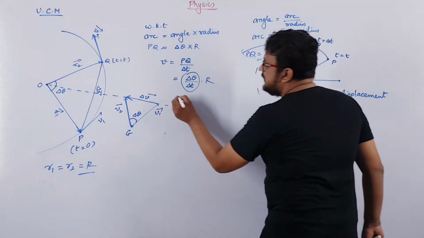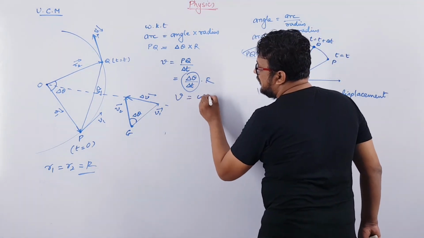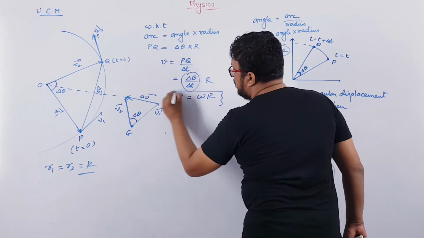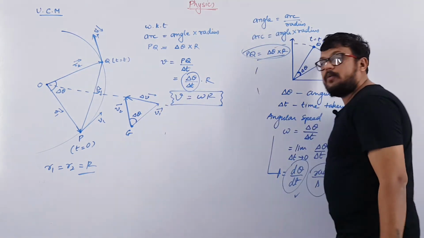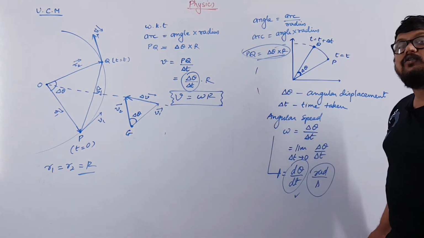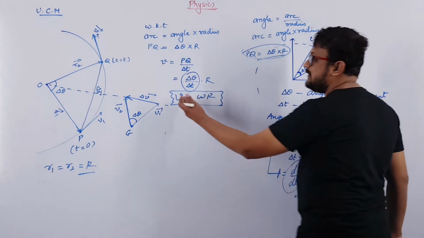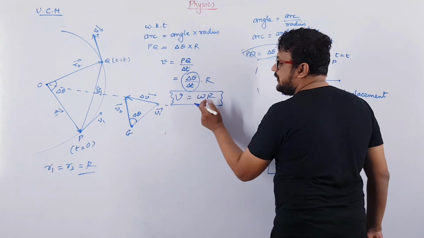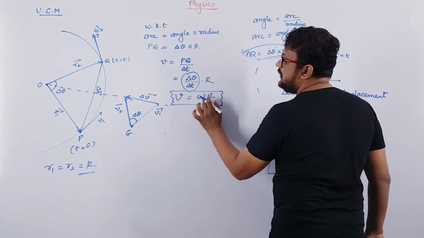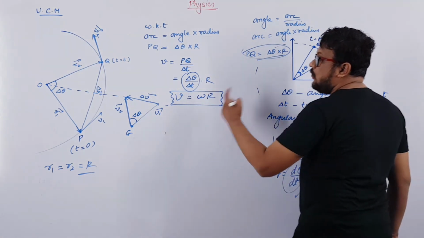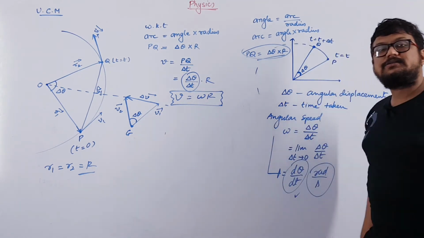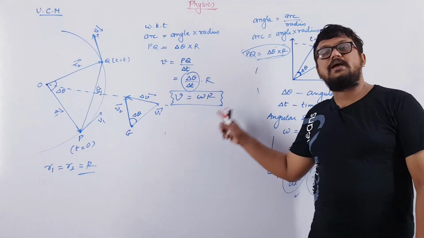So you will get v is equal to omega r. This is again a most important relation, v is equal to omega r, where omega is angular velocity, r is radius of that circular path, and v is linear speed. So this is the relation between linear speed and angular speed. What is the relation between angular speed and linear speed? Then you will write v is equal to omega r.